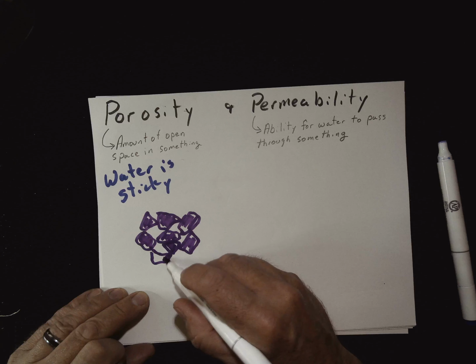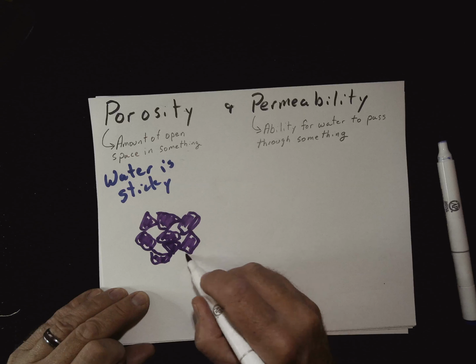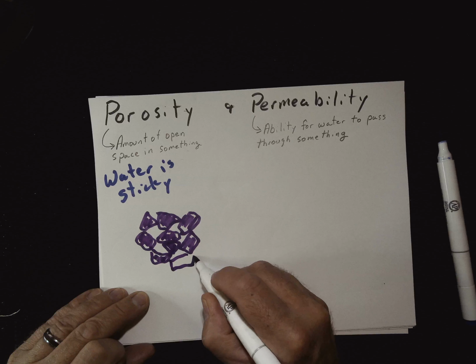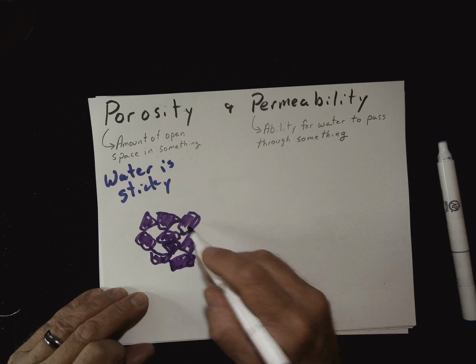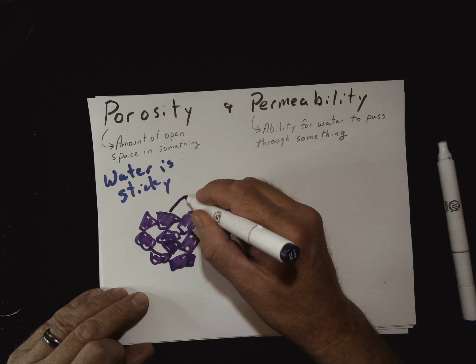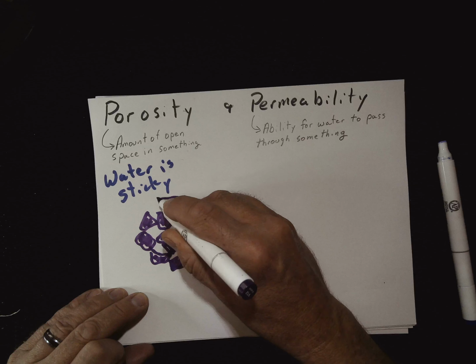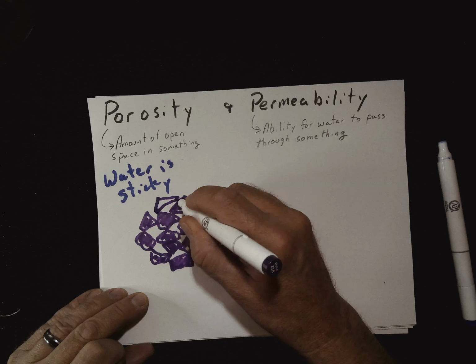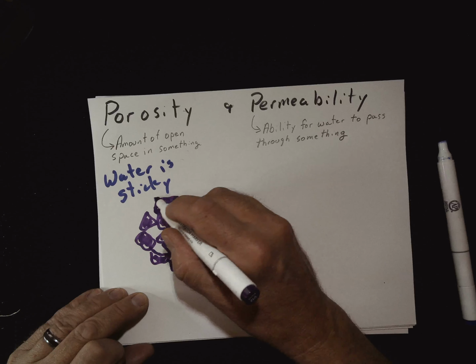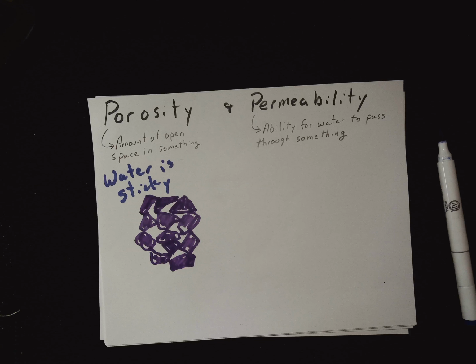And look at what's in between them. All this stuff are pore spaces. They're spaces where water could fit. Now, if water isn't there, air will fit in them. But as you can see, there's quite a bit of space there.